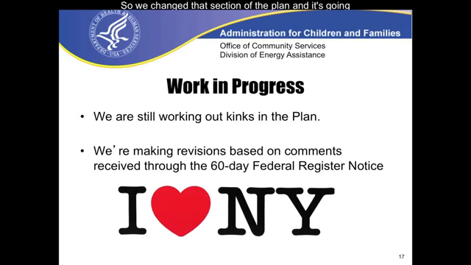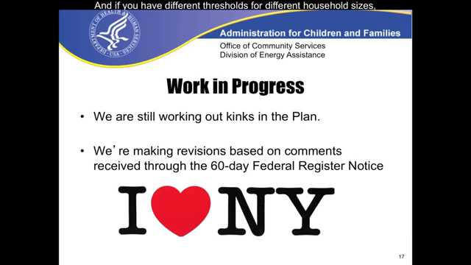So we changed that section of the plan, and it's going to be kind of like that add a row feature that I was showing you. So the first row comes up, and you can select what household size, or you can select all household sizes. And then the next column, you can select federal poverty level or state median income. And the next column, you can type in 150 or 60 or whatever number applies to the threshold that you just picked.